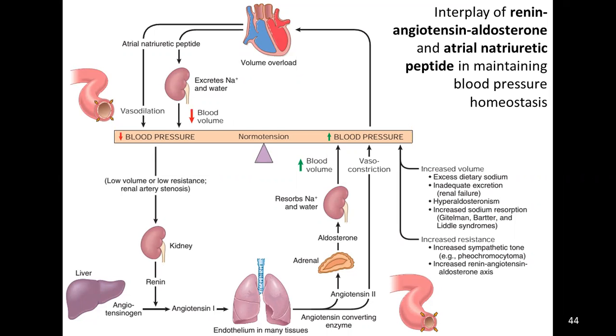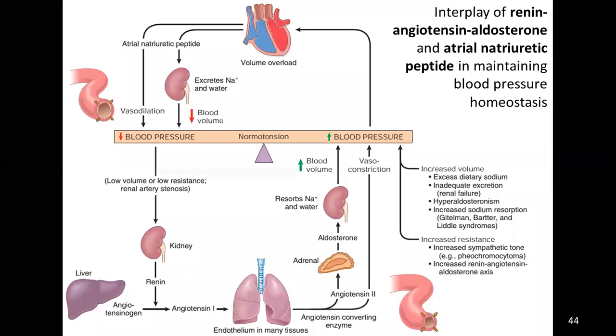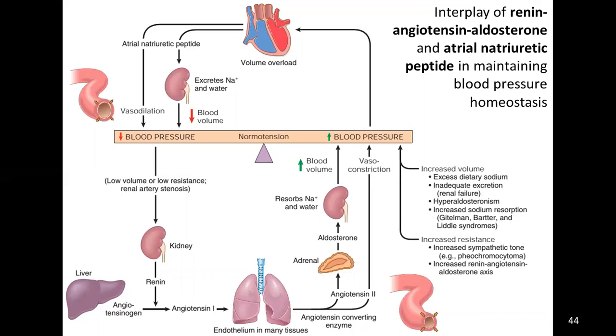So the term BNP is retained, but the B was changed. It's now called B-type natriuretic peptide. It's still BNP, but the B is no longer brain. It's B-type natriuretic peptide, and ANP is A-type natriuretic peptide. So this is an update. I think I should have informed you.